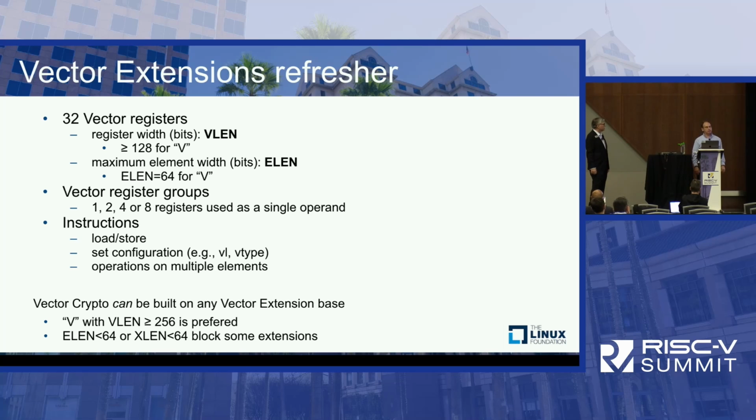There's also a concept called register groups, where you can combine registers together to be used as a single operand. For example, you can combine register 0 and 1, concatenating the two to act as one operand for an instruction. So it's kind of one long vector rather than just 128 bits. If your VLEN is 128, you can be operating on 256 bits.